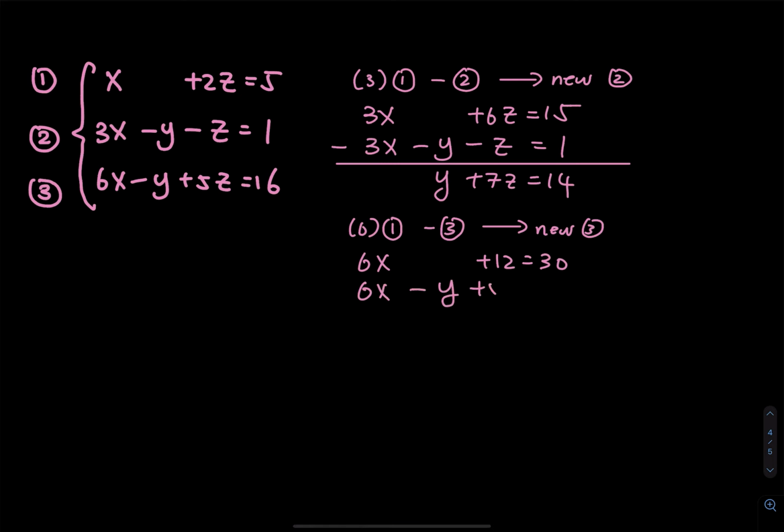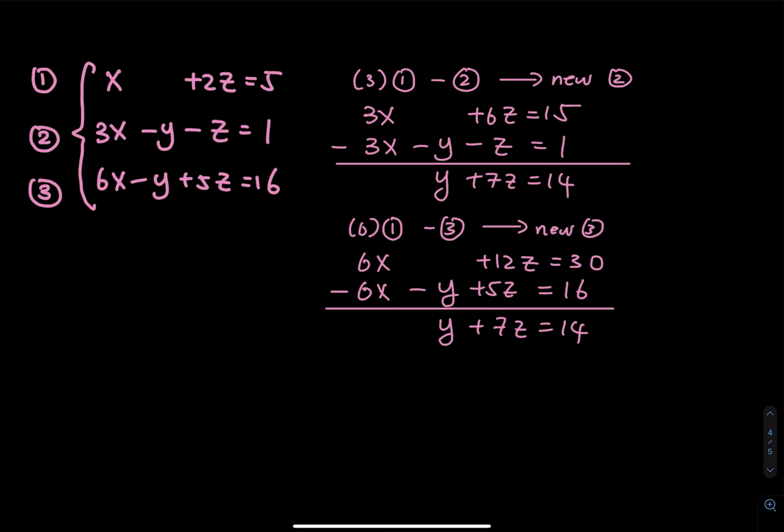Minus y plus 5z. Do I miss a z? That one is 12z, right? Okay, so let's fix that. So this is 12z equals 30, and then 5z equals 16. Okay, perform a subtraction. 6 minus 6 is gone. 0 minus minus y is plus y. 12 minus 5 is 7. 30 minus 16 is 14.